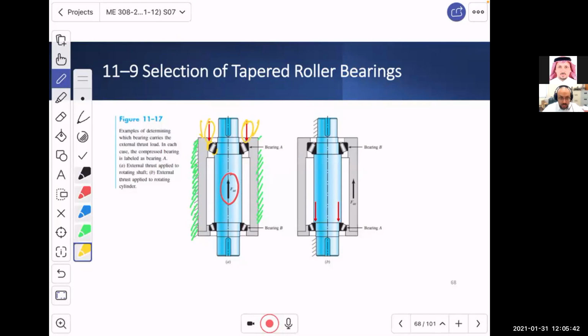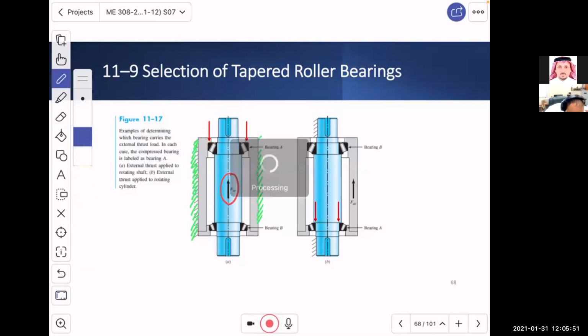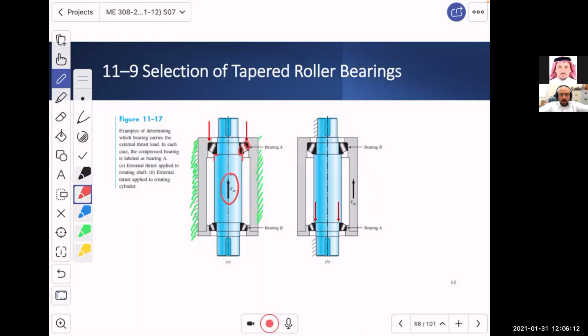Now, at the same time, we know that the step over here, look at it. I'm going to show it to you very clearly right now. Do you see this step? This step is pushing on the cone. So we have the cup and the cone being squeezed, one by the action of the shaft as it moves, the other by the casing as it reacts.